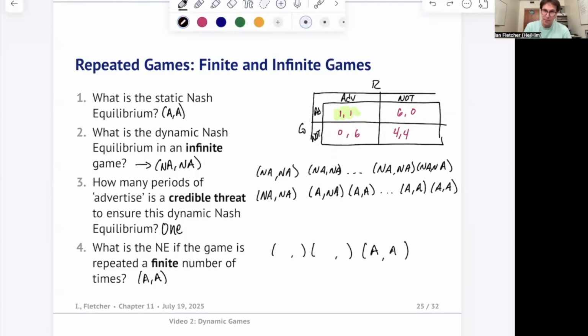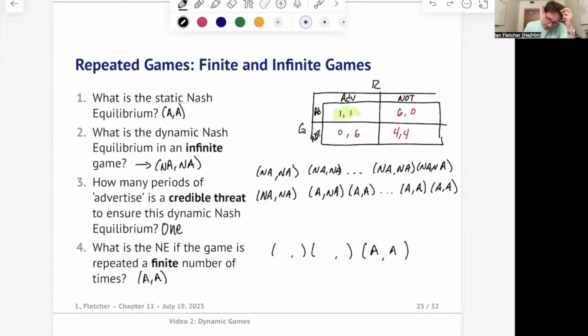And so one step prior, let's assume that we know that this other person is going to play not advertise, right? This would be the ideal outcome: one person is going to play advertise, the other person is going to play not advertise.